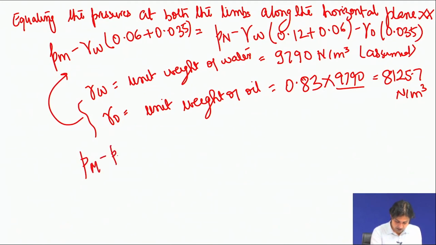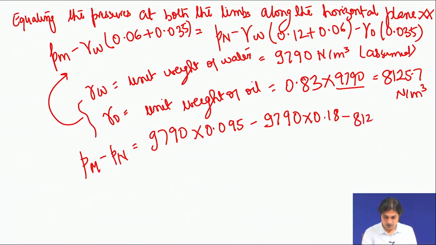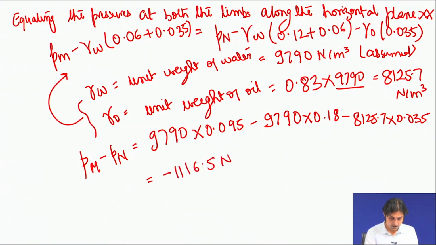PM minus PN is equal to 9790 into 0.095 minus 9790 into 0.18 minus 8125.7 into 0.035, and this is going to give us minus 1116.5 Newton per meter square, or minus 1.1165 kilopascal.